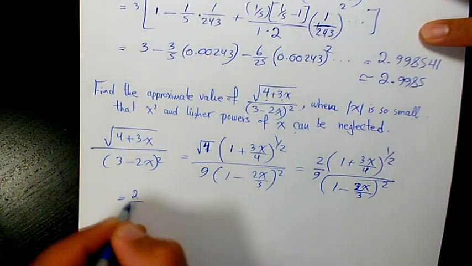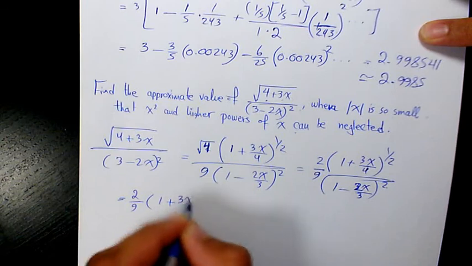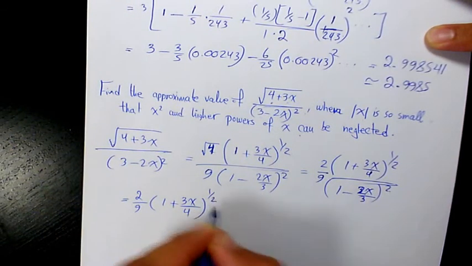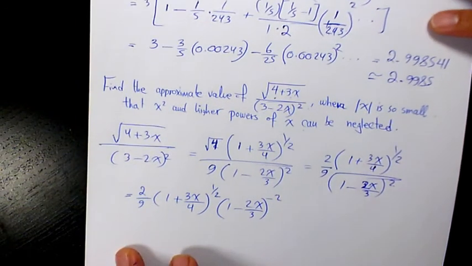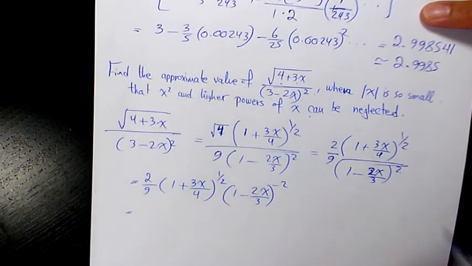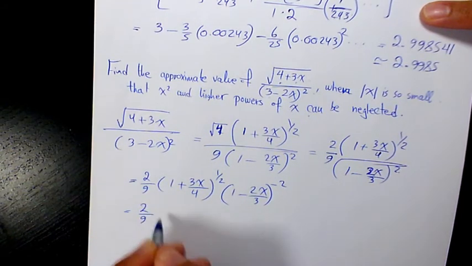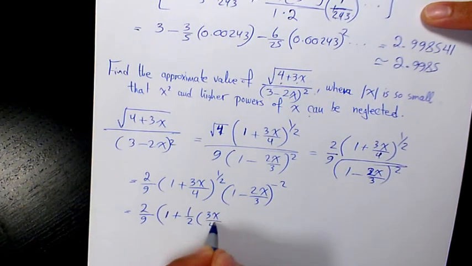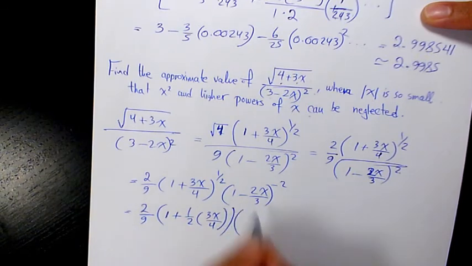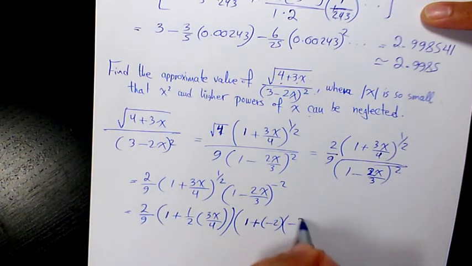So it's going to be 2 over 9, (1 plus 3x over 4) to the power of 1 half, (1 minus 2x over 3) to the power of negative 2. When you expand it, you need to neglect x squared and higher powers. So this one is going to be 1 plus 1 over 2 times 3x over 4, and that one is going to be 1 plus negative 2 times negative 2x over 3.